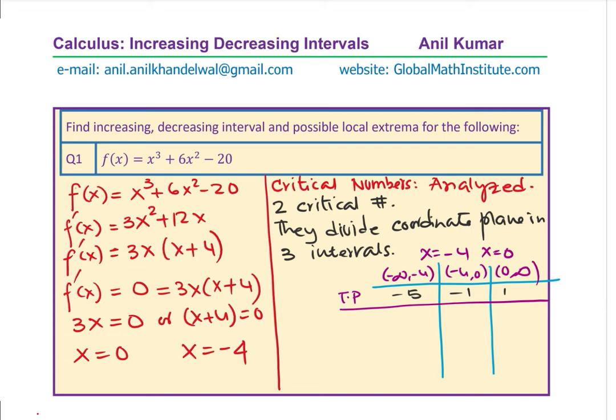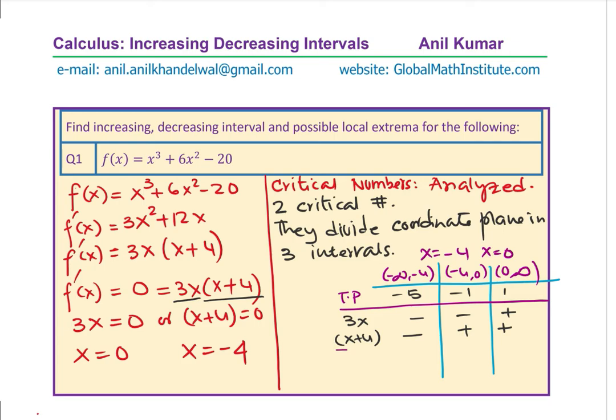Now, at this test point, we will analyze the factors of our derivative, which are 3x and x plus 4. So 3x will be negative for the first two values, but positive for 1. X plus 4 is going to be negative for minus 5, but positive for minus 1 and 1.